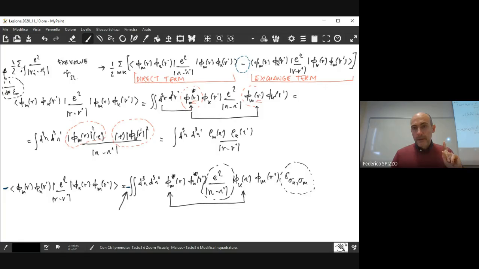So the appearance of this second term is just there due to the fact that we have included the fermion behavior of the electrons. So this is a pure quantum mechanical term whose appearance is related to the antisymmetry of the Slater determinant, so of the wave function of an electron system.